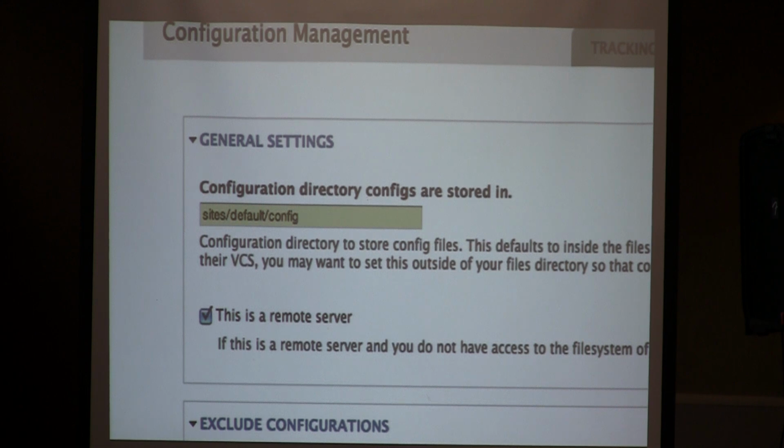I have it checked here that this is a remote server, because on Platform this is not a writable directory. It's read-only, and the only writable directories are outside of the document root. So whenever I go to synchronize, it will just read in any changes that I've pushed from the downstream environment up to this new one, blowing away whatever views or panel or variable configuration I had before, and bringing me in sync with whatever was in the code base.